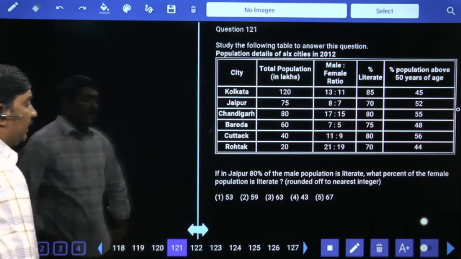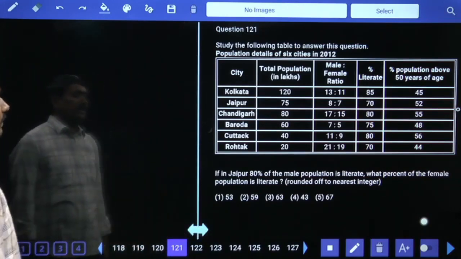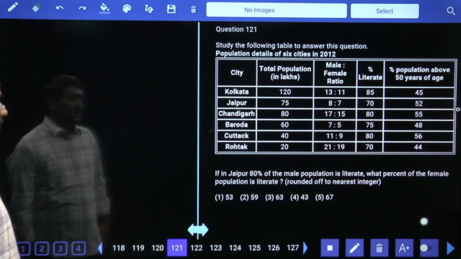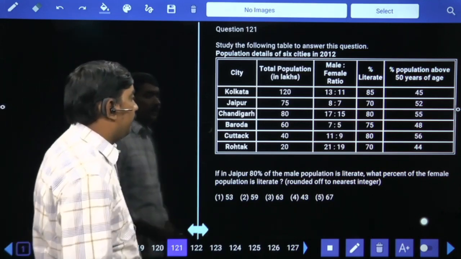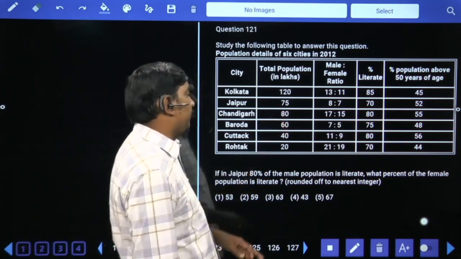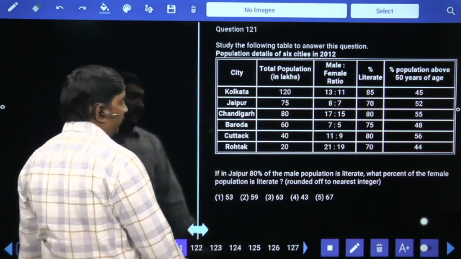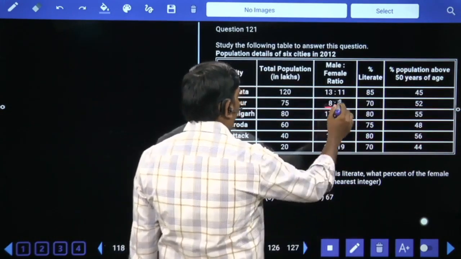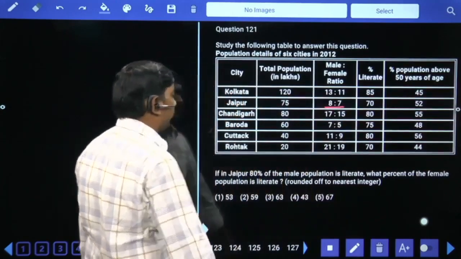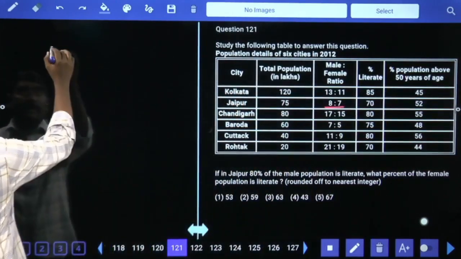If in Jaipur 80% of the male population is literate, what percent of the female population is literate? Jaipur, total 75 lakhs. In this 75 lakhs, male female ratio 8:7. 8 plus 7, 15 parts value 75, 1 part value 5.